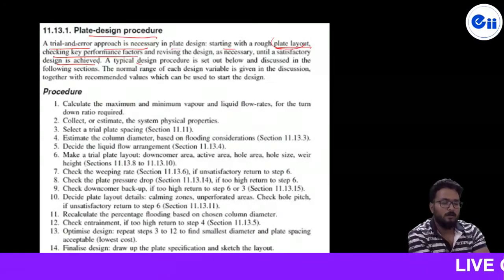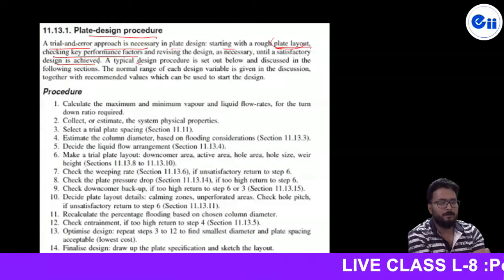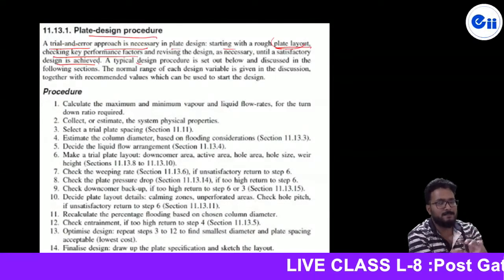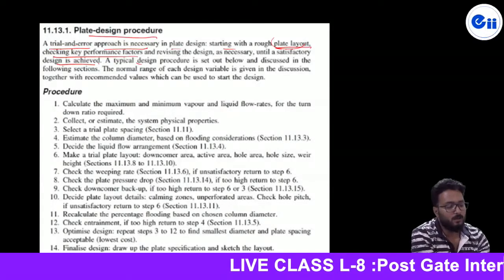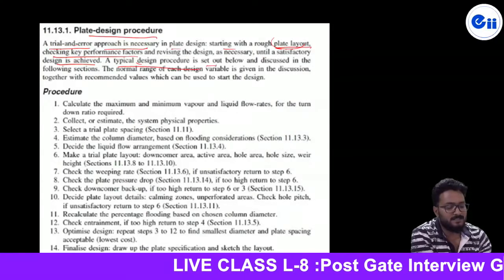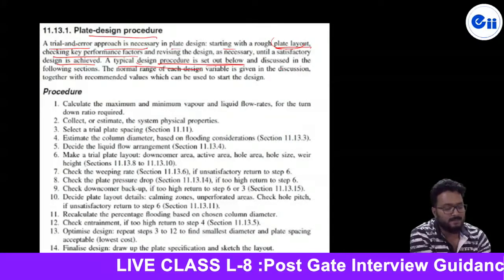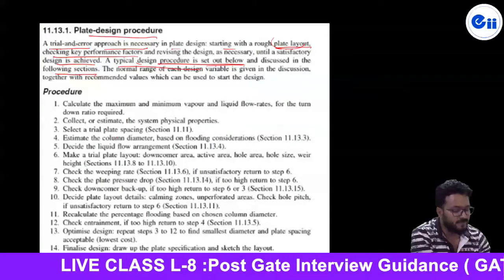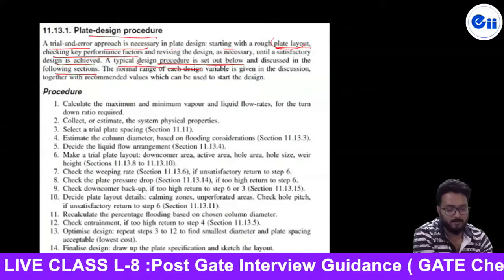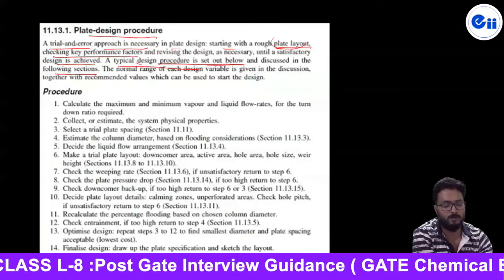Once satisfactory results are obtained, the assumed data is used for the design. A typical design procedure is set out below and discussed in the following section. I will discuss every step later on, but at least we should know what steps to follow here.